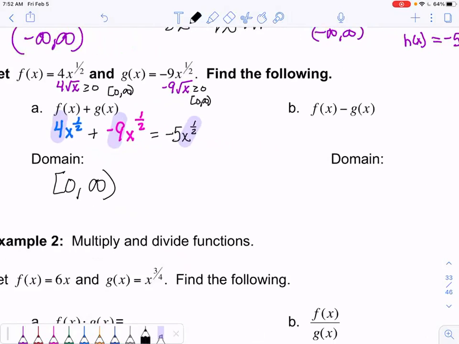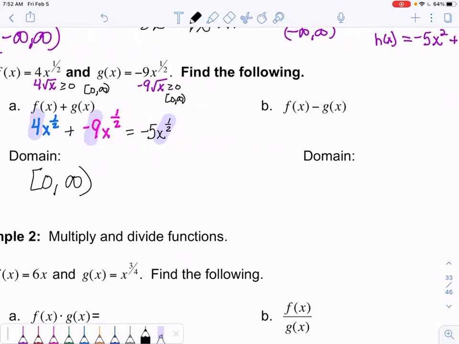So looking at part B, we're now subtracting. So we have f of x, and I'm subtracting g of x. And just as Lacey said, you're really looking at those numbers in front. So Julia, 4x to the 1/2 minus a negative 9x to the 1/2 makes.